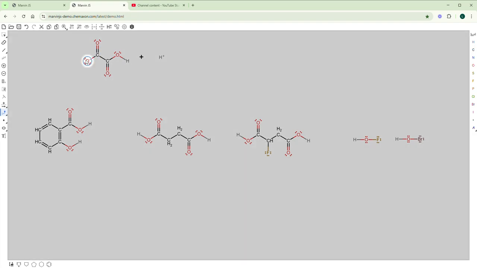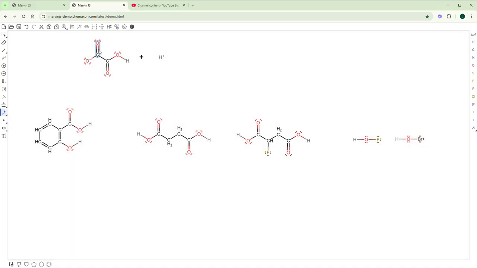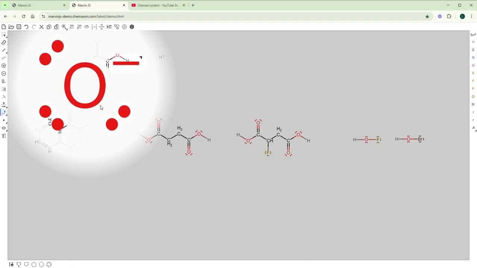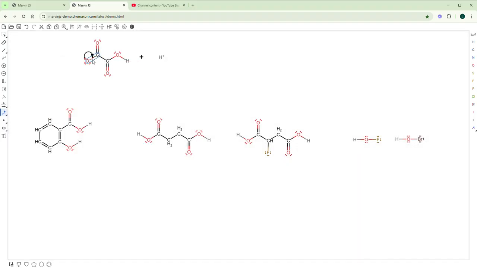And this is a pattern of resonance called lone pair next to pi bond. And what happens is this lone pair can say, let's form a bond, and then this can break and form a lone pair of electrons. And so what you end up getting is something that might look like this.